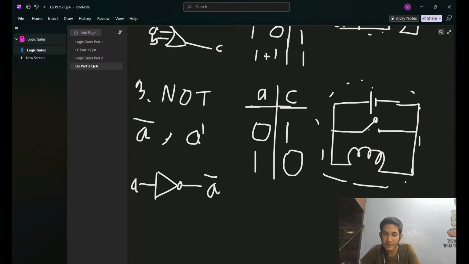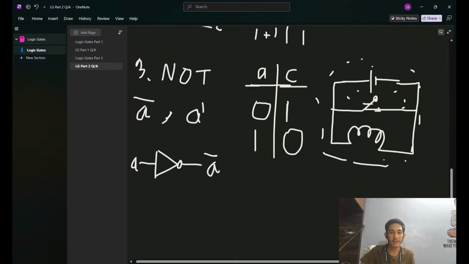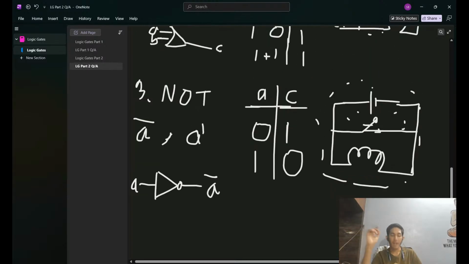But if the switch is closed, then because of the low resistance here, the current will go like this and not pass through here. However, if you actually try this at home, and I don't suggest you try this at home, but if you do, you'll find out that the bulb does not go fully off, but actually remains slightly dimly lit. This is because of physics, which I will explain later.